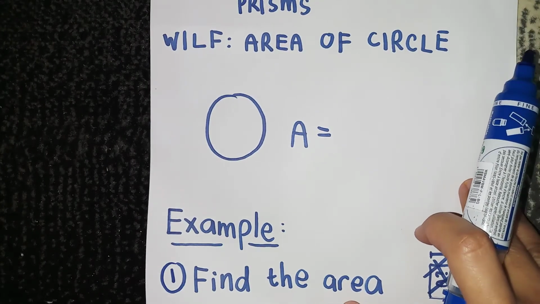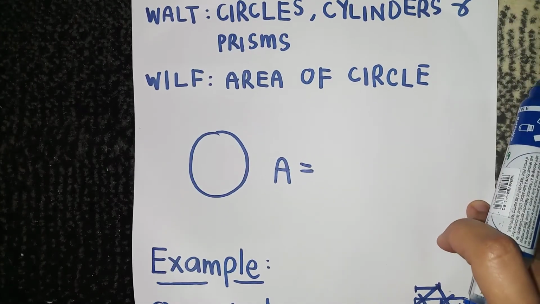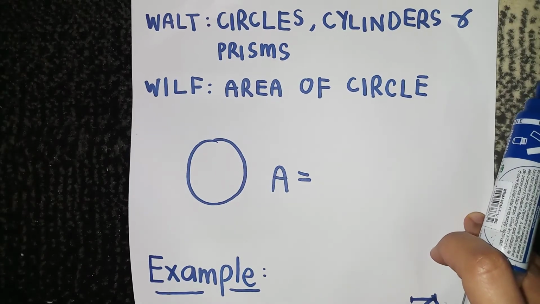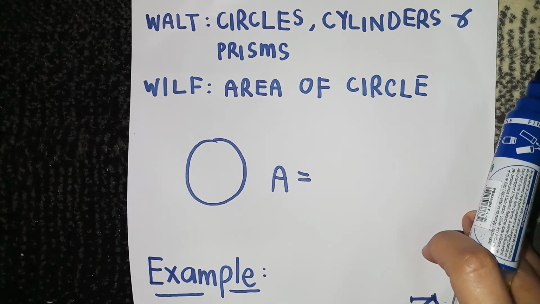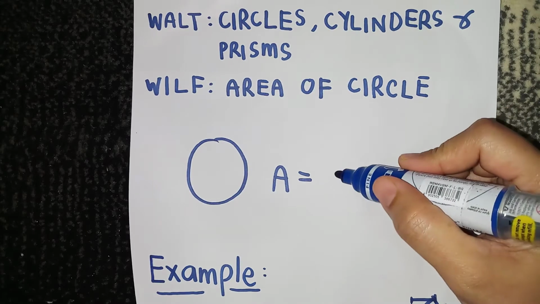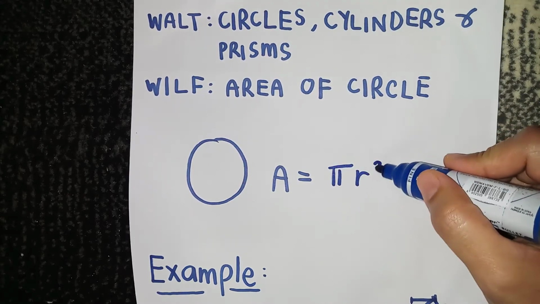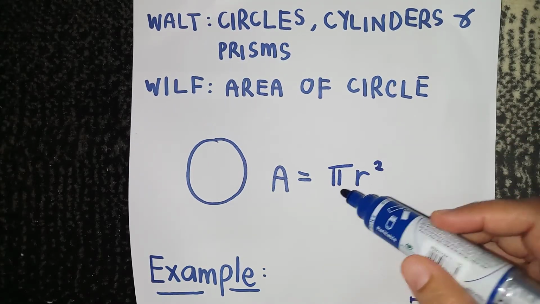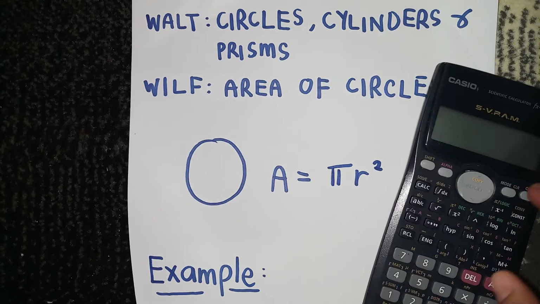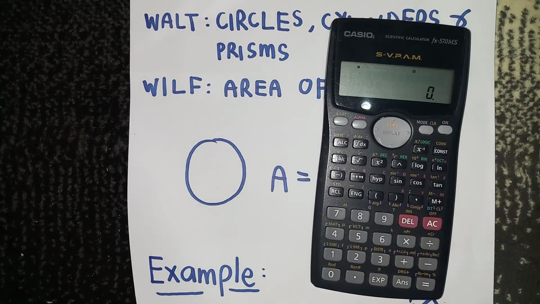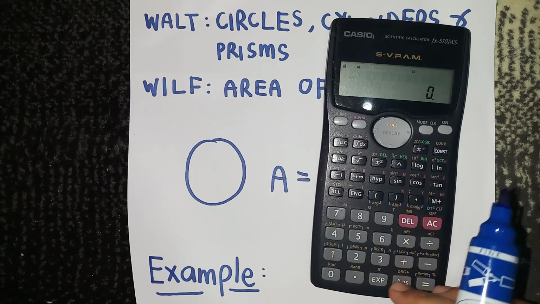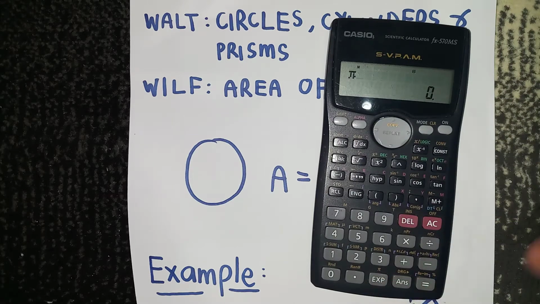Now let's move to the area of a circle. How do we calculate the area of a circle? This is really easy, but you need to make sure you remember the formula. Area of a circle is equal to pi r squared, where the value of pi is simply the one inside your calculator: press shift and then the equal sign.